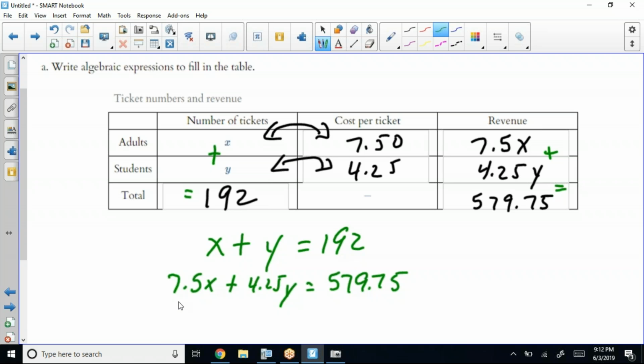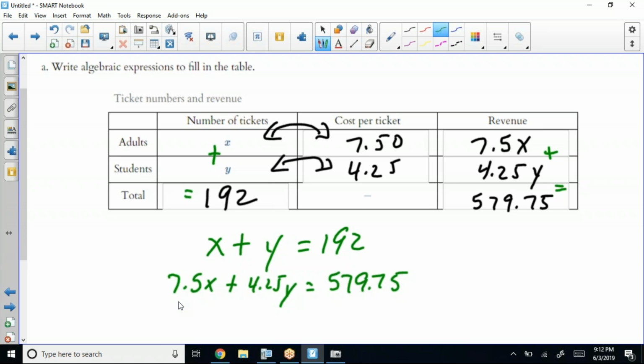So there's some type of value or amount times x plus some type of value or amount times y equals some total amount of dollars or total amount of something. Okay, so that's kind of how they set those up.